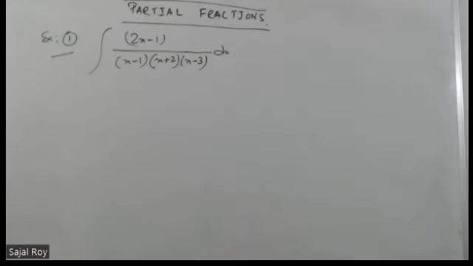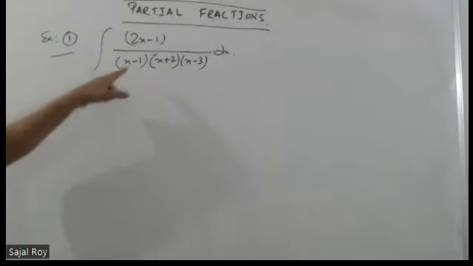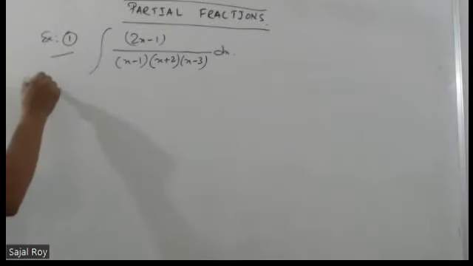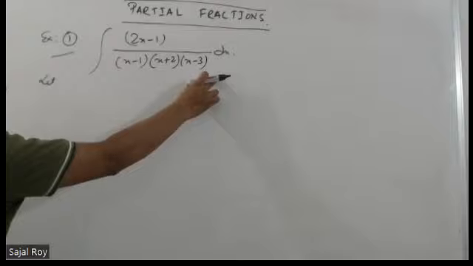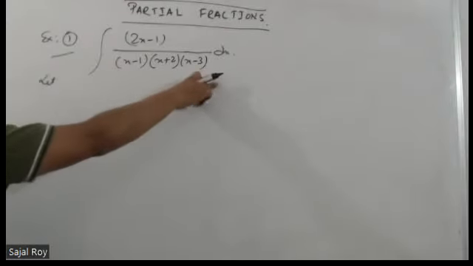This is clearly a rational function. Proper or improper? The degree in the numerator is 1, the degree in the denominator is 3. It's a proper fraction, and the factors are linear without repetition.